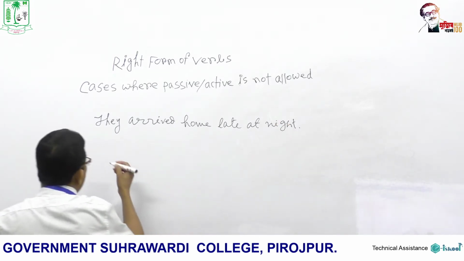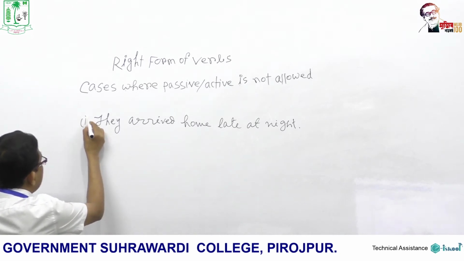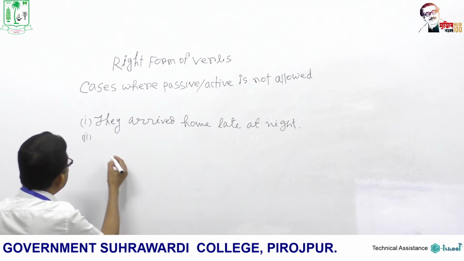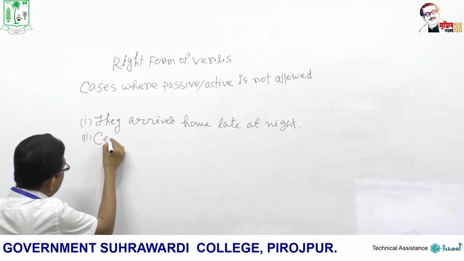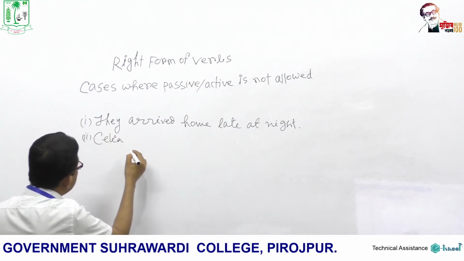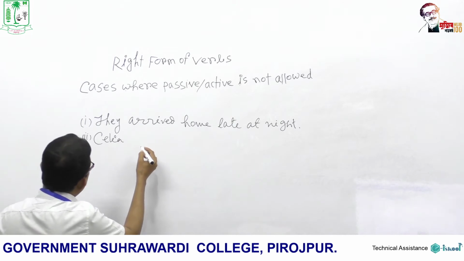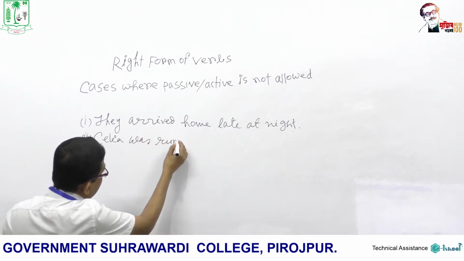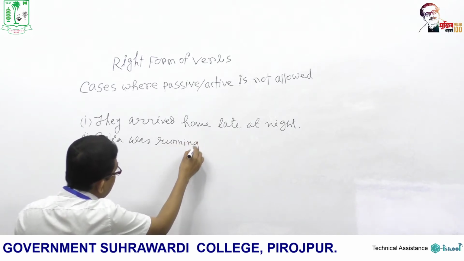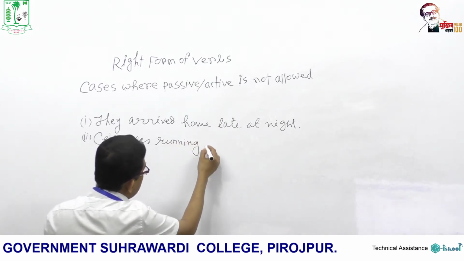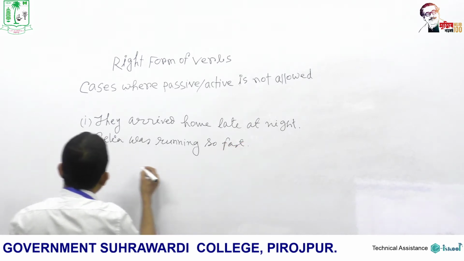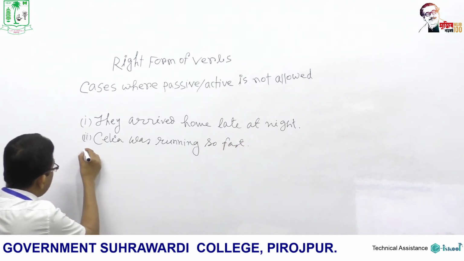This is example number 1. Then example number 2. Celia was running so fast. Example number 3.